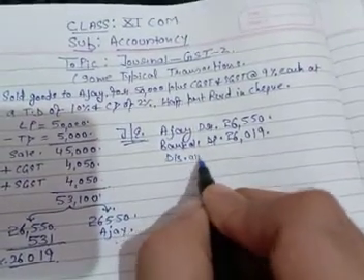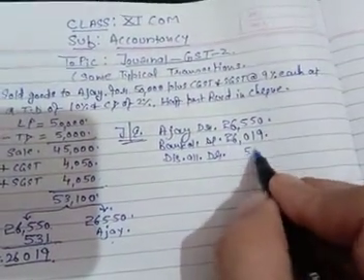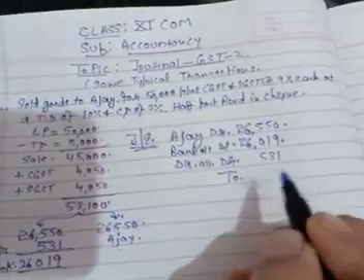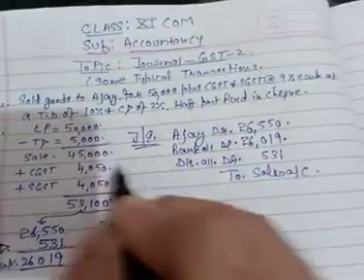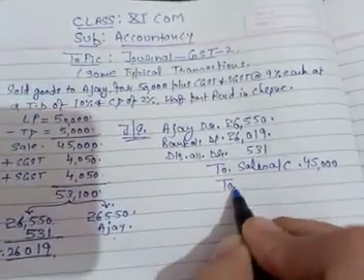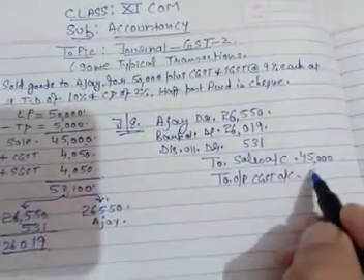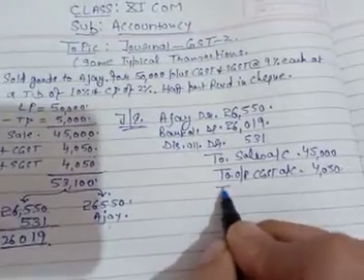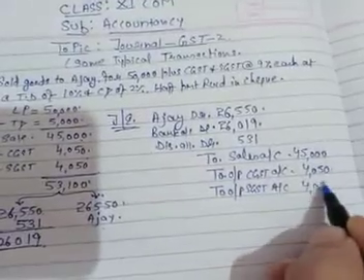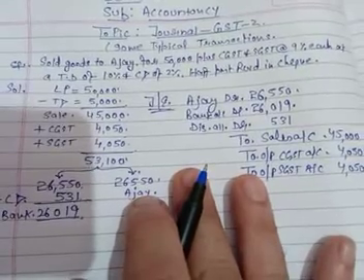Discount allowed debit 531, to sales account 45,000, to output CGST account 4050, to output SGST account 4050. So this is our journal entry regarding trade discount and cash discount.